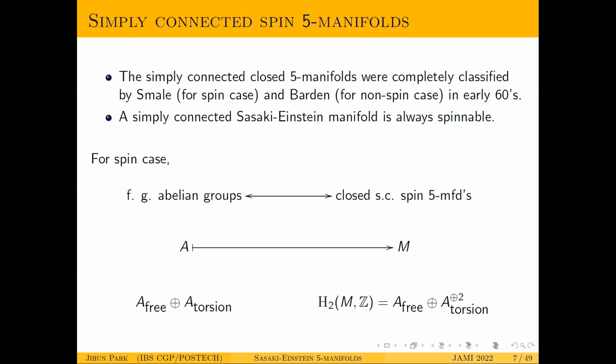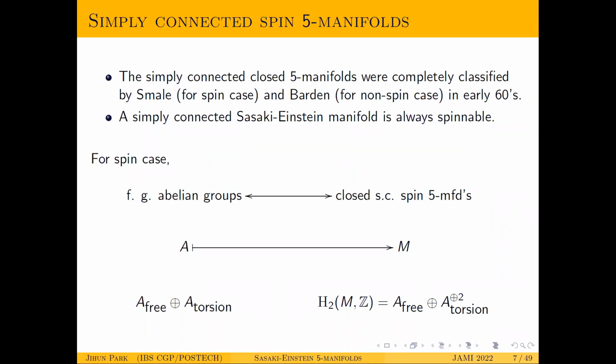The spin case, which is what Smale did, is the following. He showed a one-to-one correspondence between finitely generated abelian groups and closed simply connected spin 5-manifolds. This correspondence is given by this map. When you have a finitely generated abelian group, you have the free part and the torsion part.